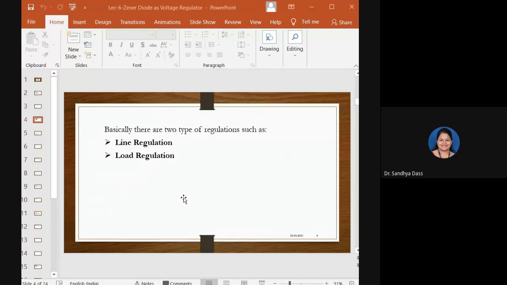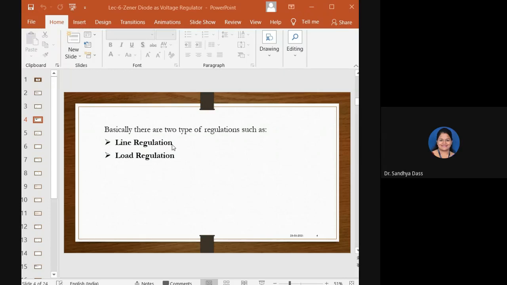Actually, there are two types of regulation in voltage regulation. In line regulation, the series resistance and the load resistance are kept constant, at fixed values, whereas the input voltage is varying or changing.